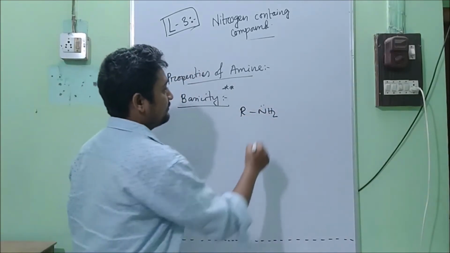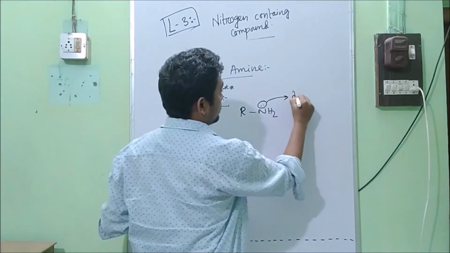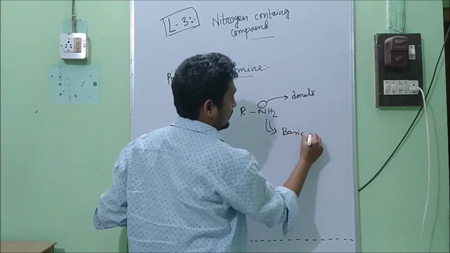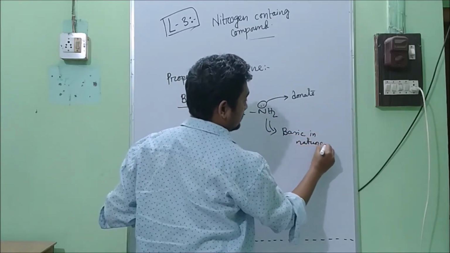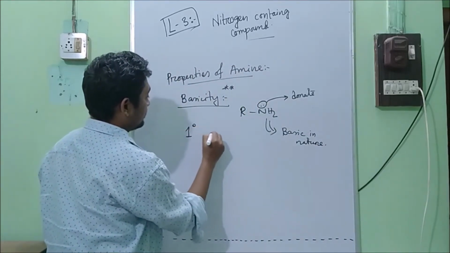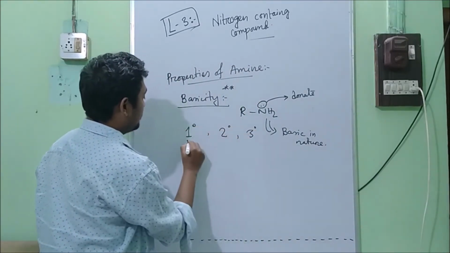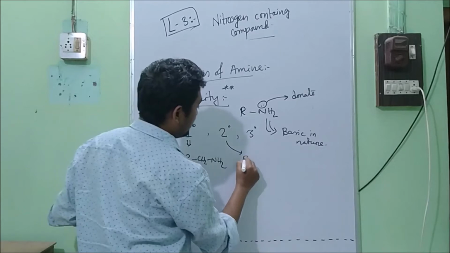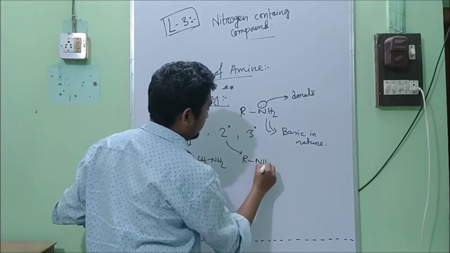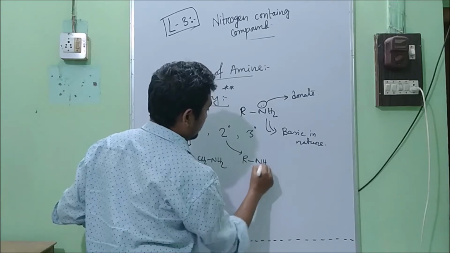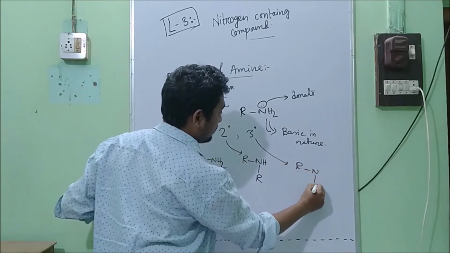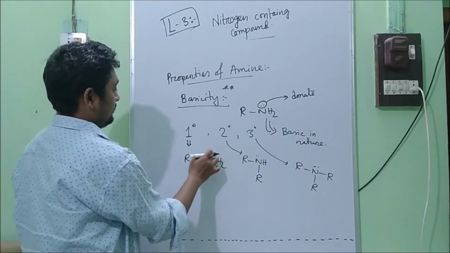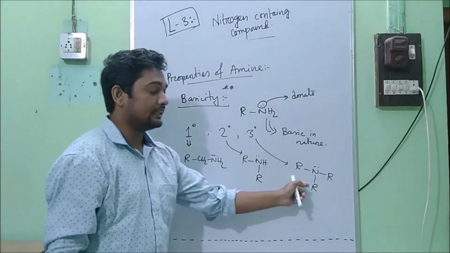These are amine compounds, they have a lone pair, so this lone pair will donate, and because of this donation, they are basic in nature. Now, if we have 1 degree, 2 degree, 3 degree amines: 1 degree amine means RCH2NH2, 2 degree amine R2NH, 3 degree amine R3N.